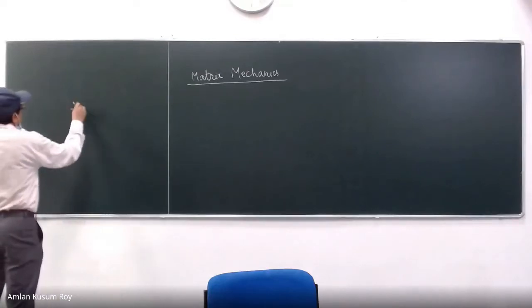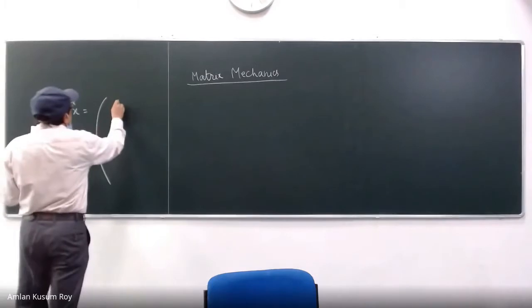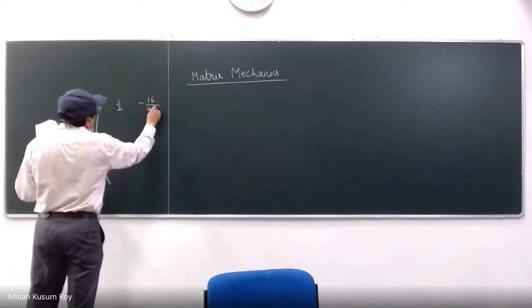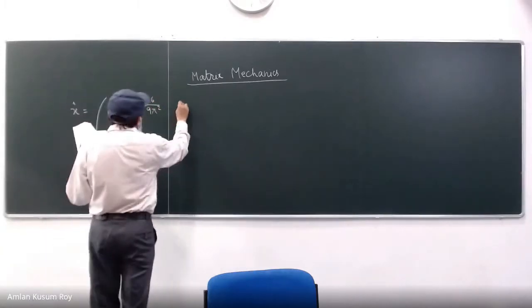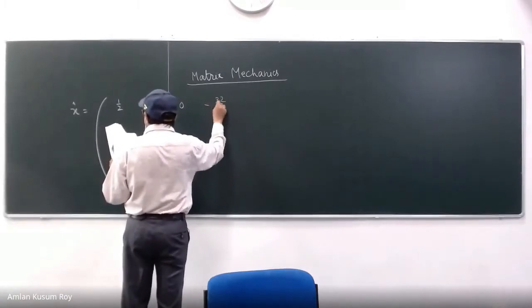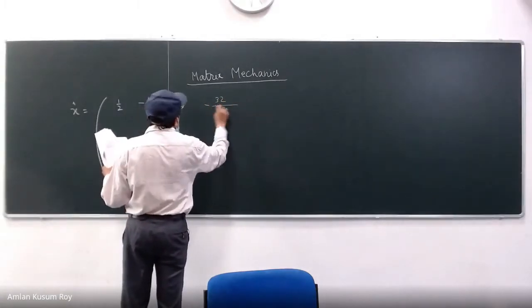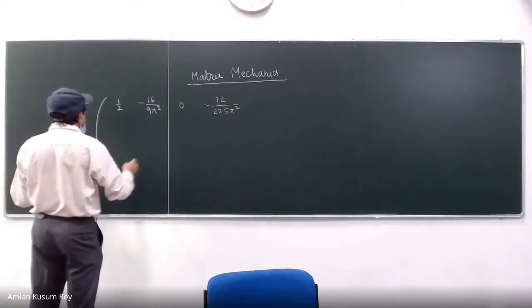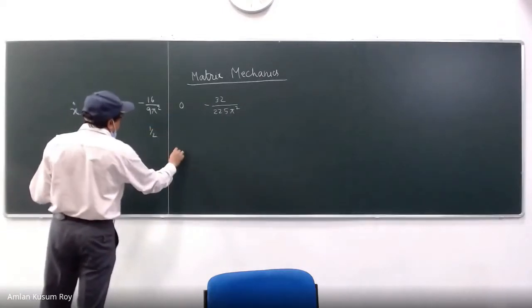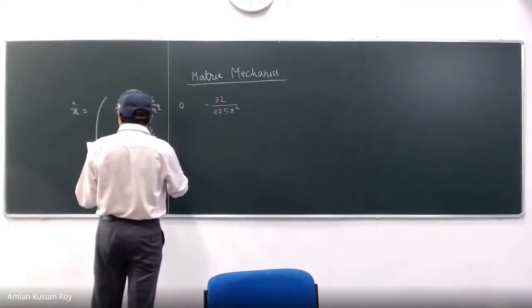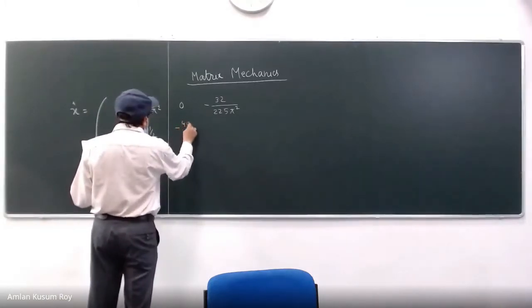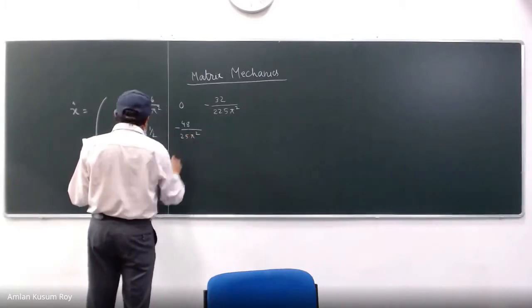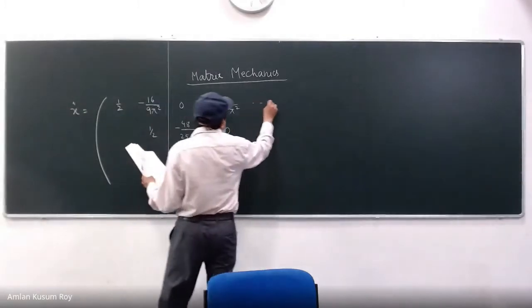So the X operator: this is half, minus 16 over 9 pi square, 0, minus 32 over 225 pi square, and then half, minus 48 over 25 pi square, 0.